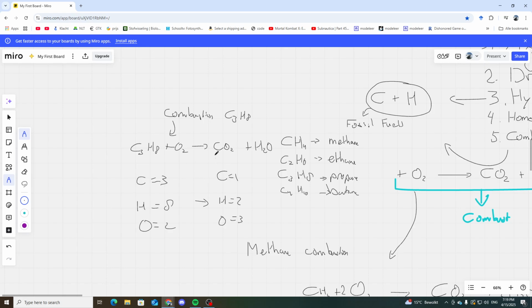So let's change the C's first. We add a 3 in front of our CO2. Now I have 3 C's. I have 3 times 2, 6 oxygens here, plus 1 oxygen in the water. So that is 7 oxygens. Okay, H's are not equivalent. Here we have 8, here we have 2. So I put a 4 in front of this.